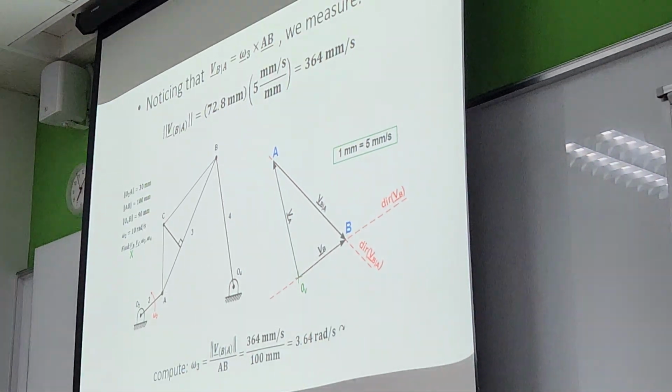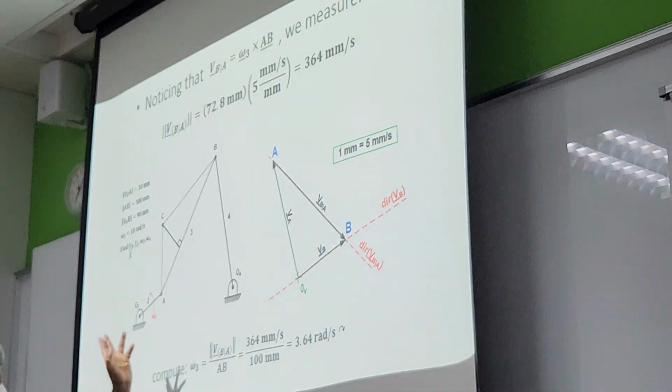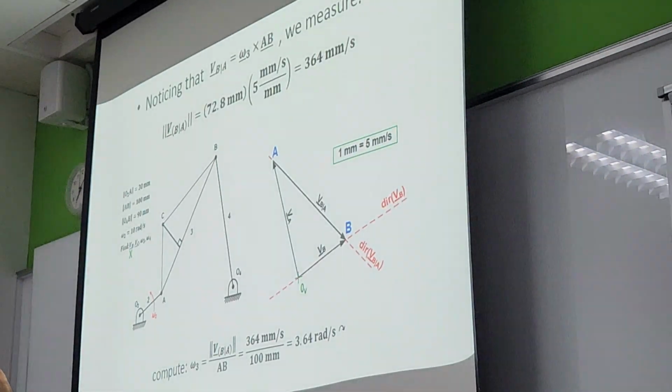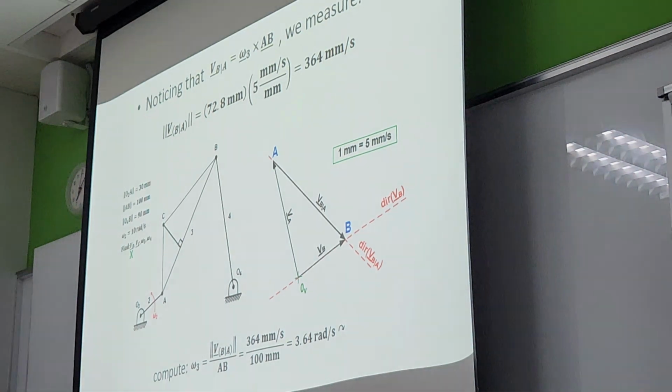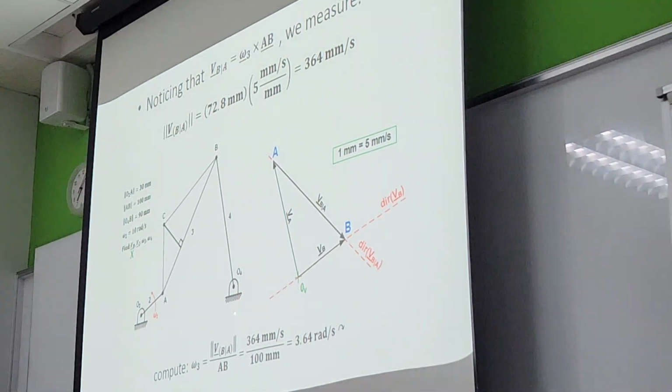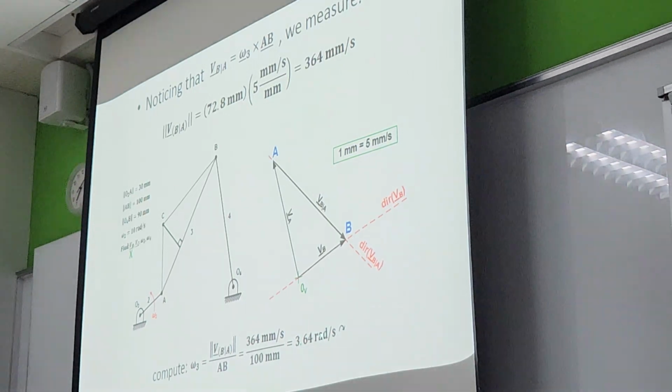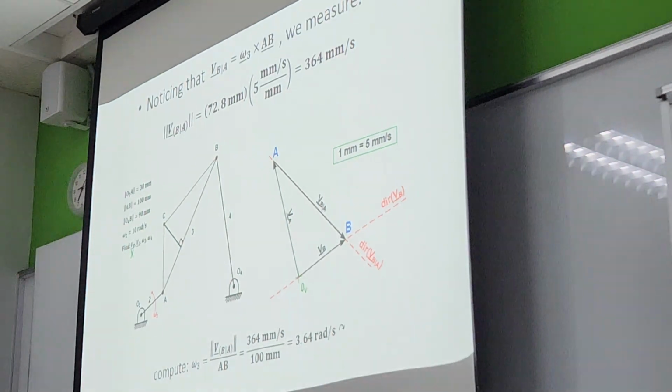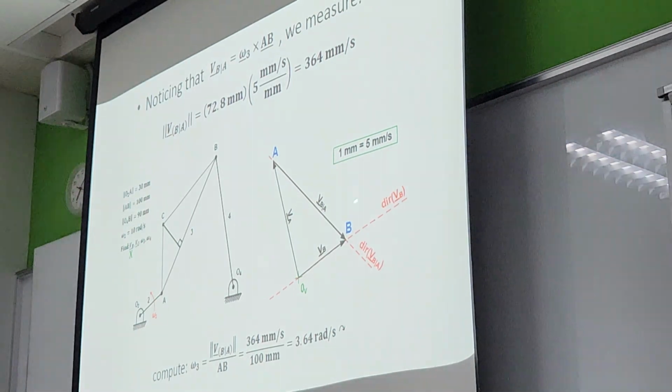To do this we take the magnitude of velocity B to A. We don't bother whether it is positive or negative; we only take the magnitude. Once we take the magnitude, you know the magnitude of the link 3 angular velocity.